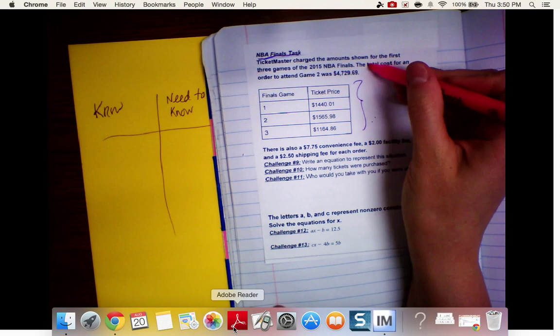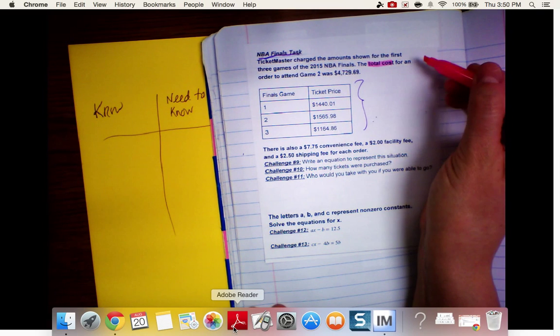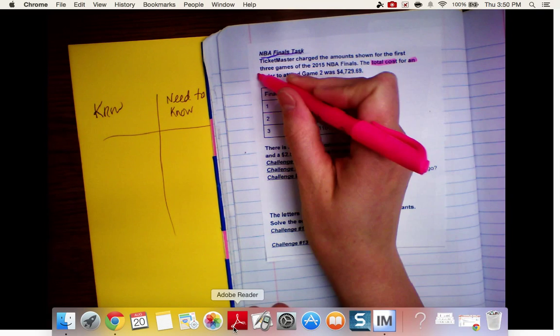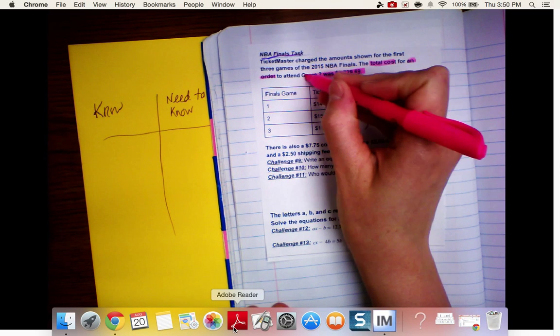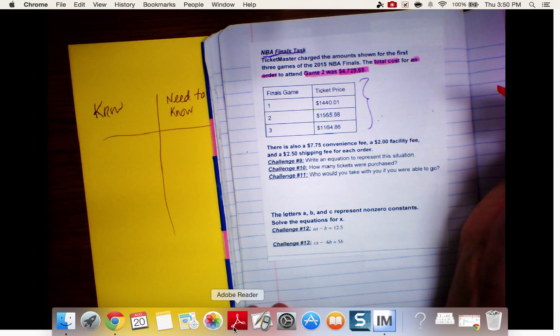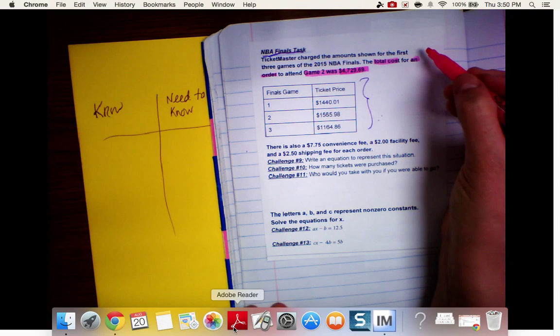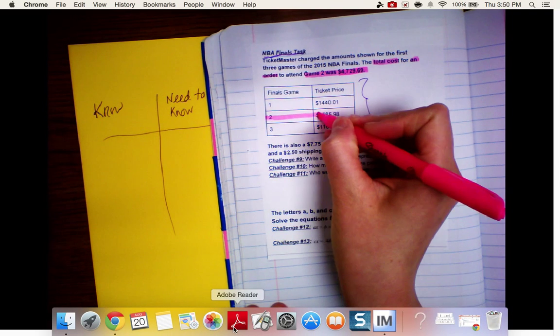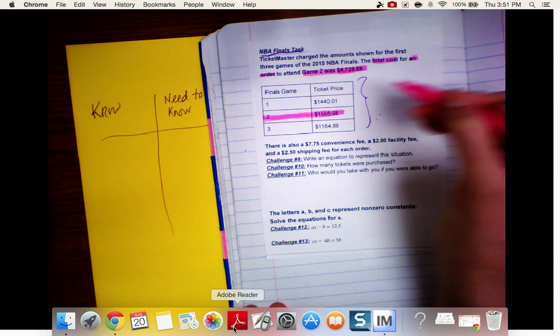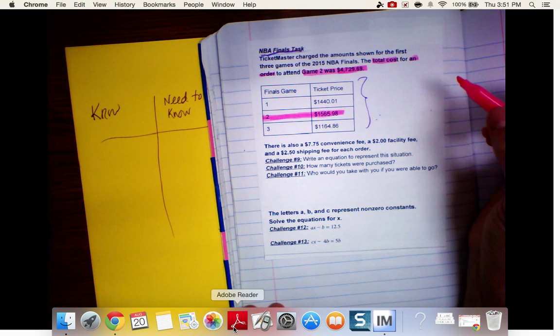So I see that the total cost for an order to attend Game 2 was that much. And since this top part is in terms of Game 2, I'm going to assume that if we're going to Game 2, then that's how much the ticket will be.